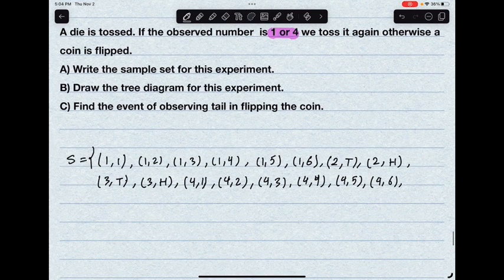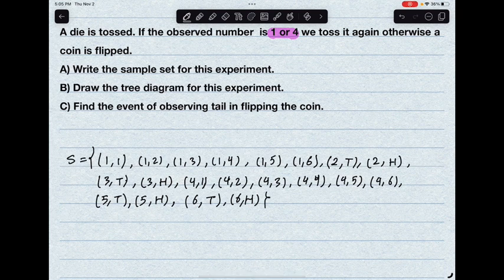What about the other numbers like 5 and 6? For 5 and 6 we also flip a coin, and we are going to have 5T or 5H, and for 6 it might be 6T or 6H. That's all the outcomes, all the results in this experiment.